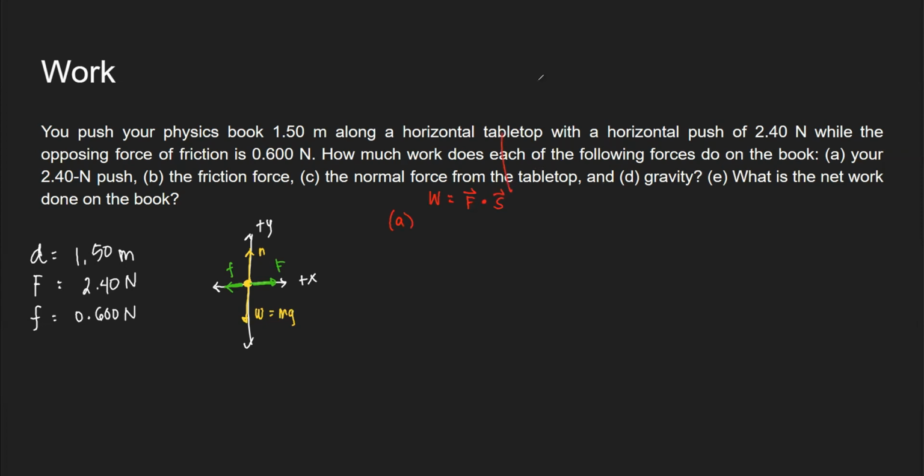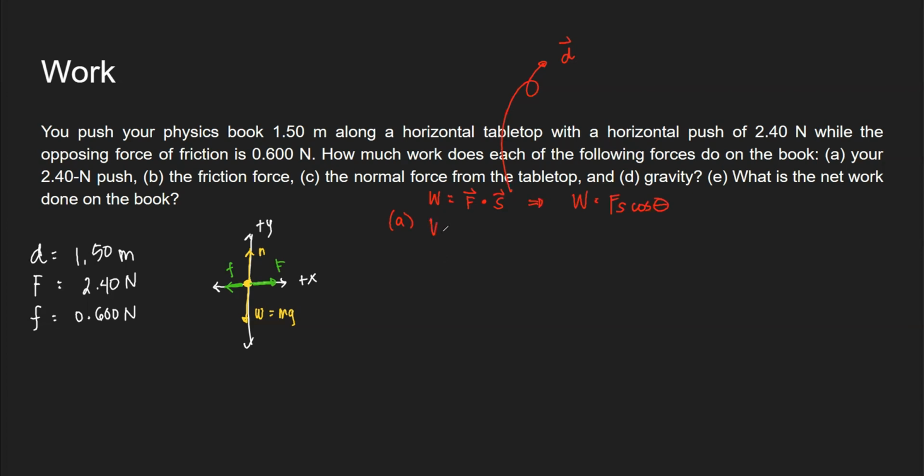In some cases, this is D. Since this is a dot product, this is not a sine, work done equals Fs cosine theta. Theta, or sometimes phi, is the angle between F and S. So let's see what we have here.